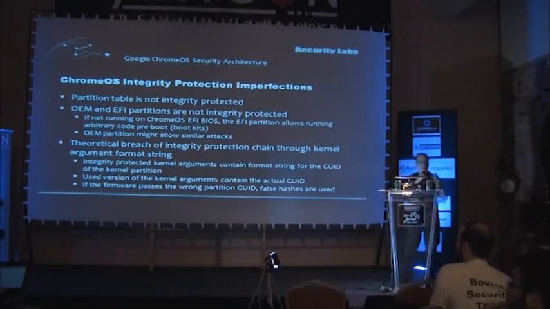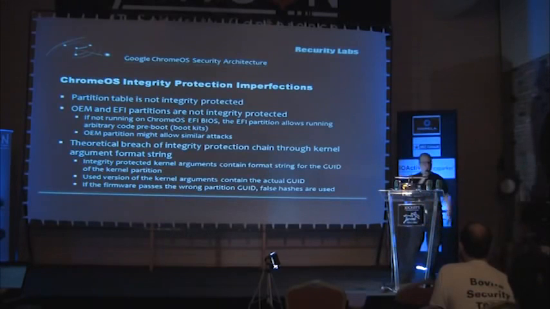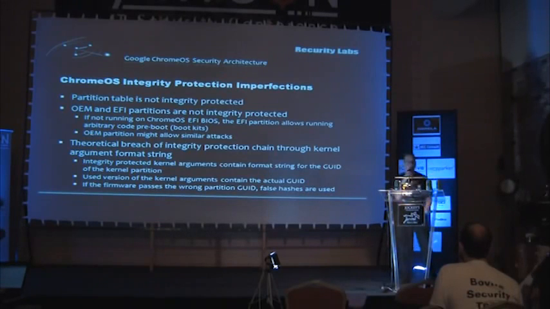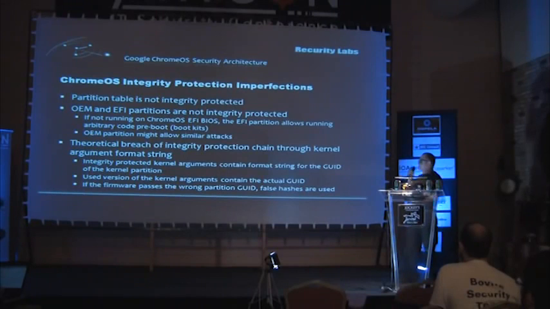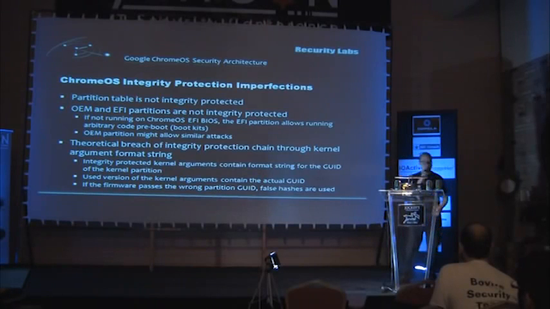So if you can make the kernel or kernel driver write into the partition table, it will mess up parts of the device. There's also partitions for OEM stuff or EFI modules that are not integrity protected. So the assumption is with later Chromebooks that if you can write into the EFI section, you can load EFI modules before even the Linux kernel starts and backdoor it that way.